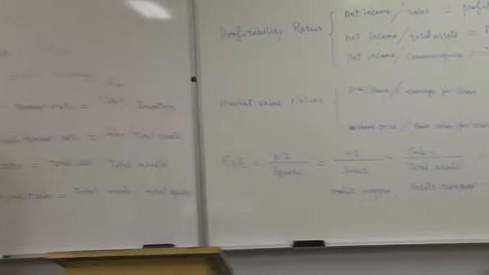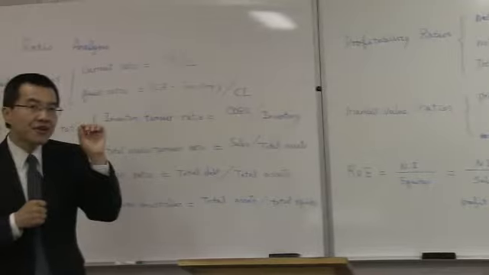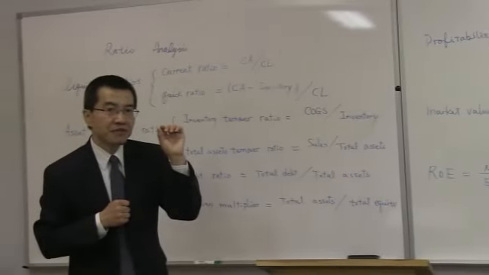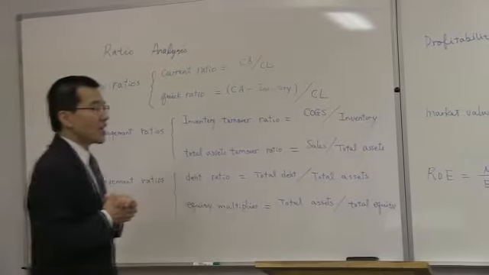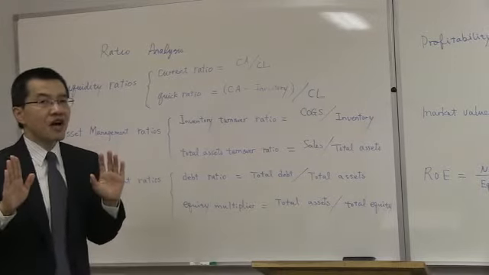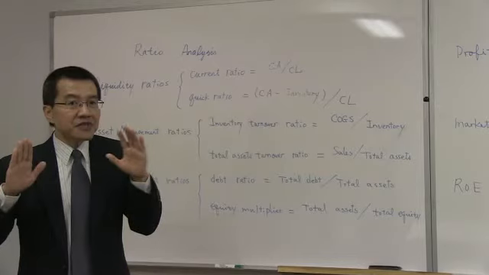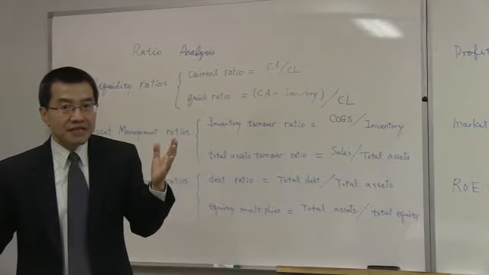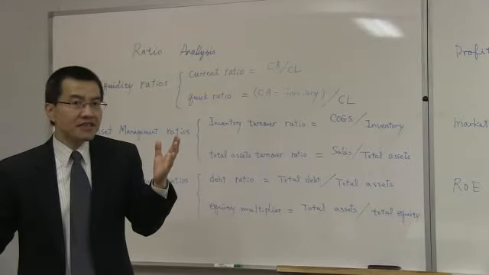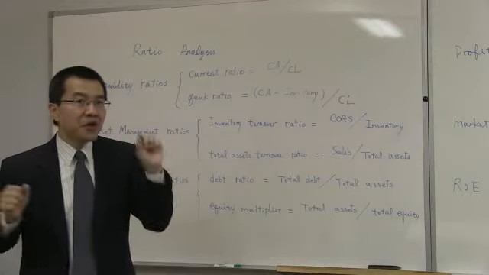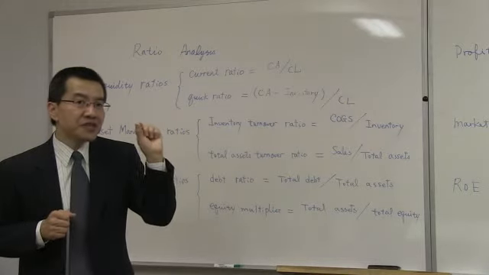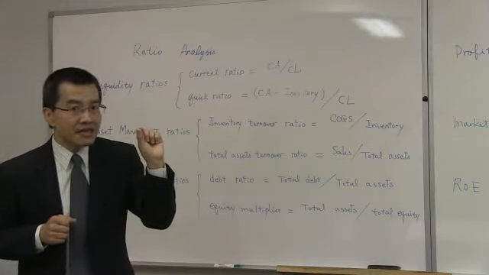Then the next question is, how can I use these financial ratios? You may say, okay, financial ratios make almost nothing. Financial ratios themselves tell you nothing about the company. Then you may get a surprise with this one. Remember, using the ratios by themselves doesn't make any sense.